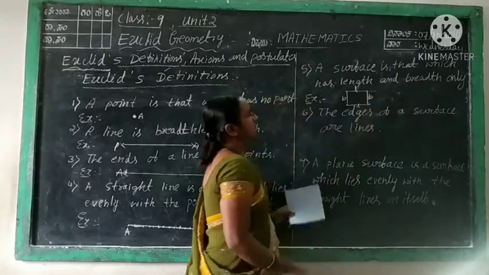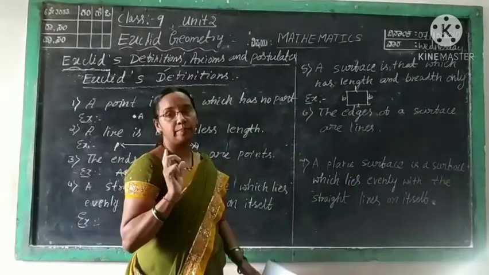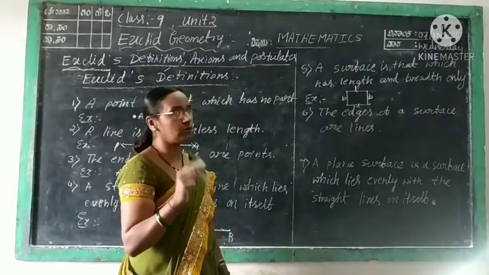A surface has only length and breadth, having two dimensions.